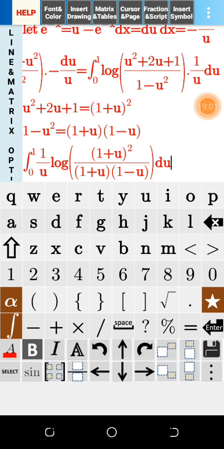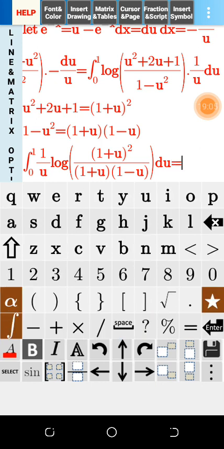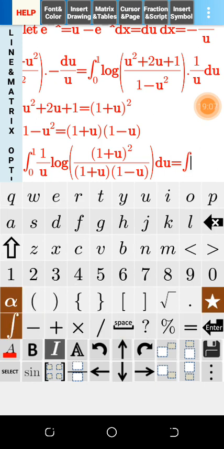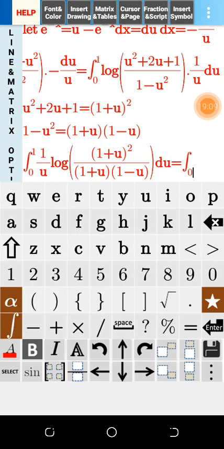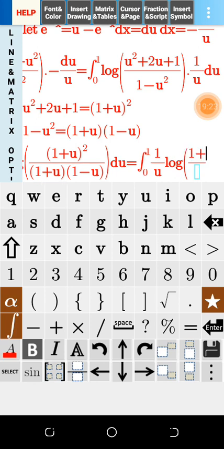So we have the integral from 0 to 1 of 1 over u log of (1 + u) over (1 - u) du.